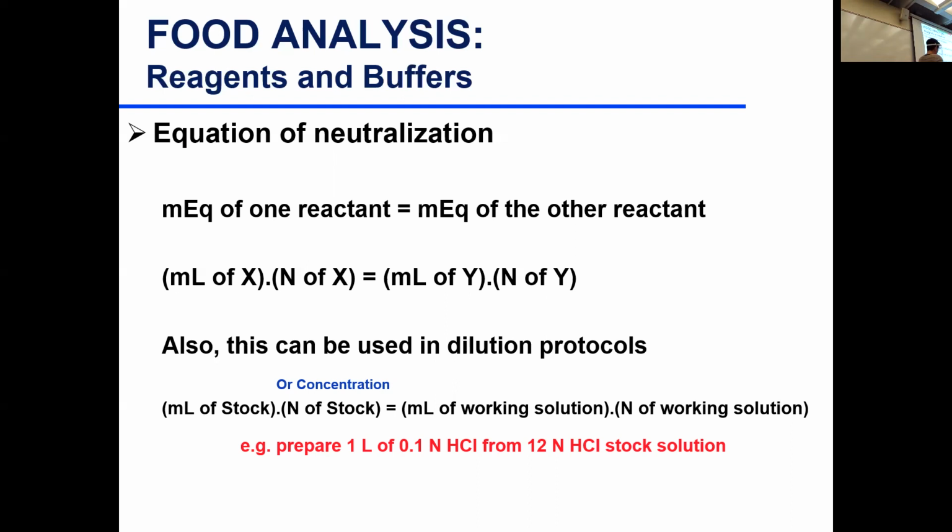So we need to prepare only 0.1 normal from 12 normal. How can I use this equation to prepare a liter of 0.1 normal HCl from a bottle of HCl stock solution of 12 normal? So do the math and tell me how many milliliters I would need from the stock solution.